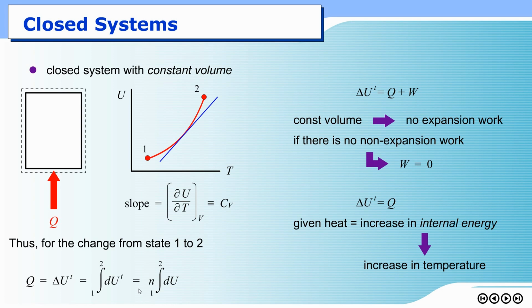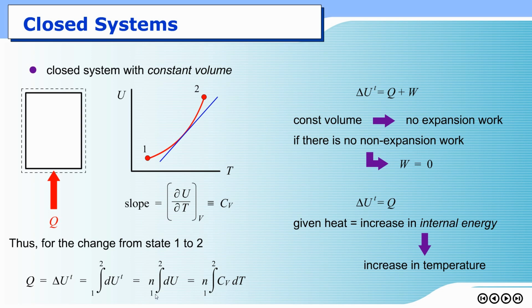Since the system is a closed system, we can take this N out of the integration. From this definition, if you move dT from the left-hand side to the right-hand side, you get du equal to CV dT, and replace du with CV dT here.